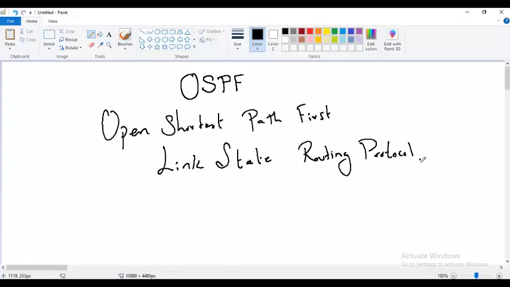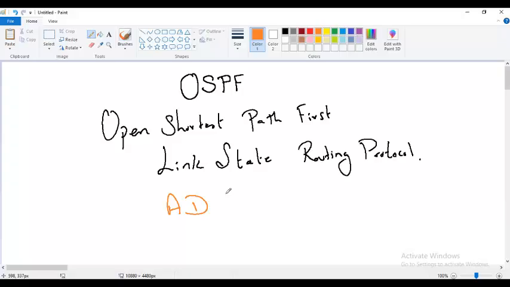Like all other protocols, OSPF also has an administrative distance. Can anyone tell me what is the administrative distance of RIP? What is the administrative distance of RIP? 120 is for RIP.